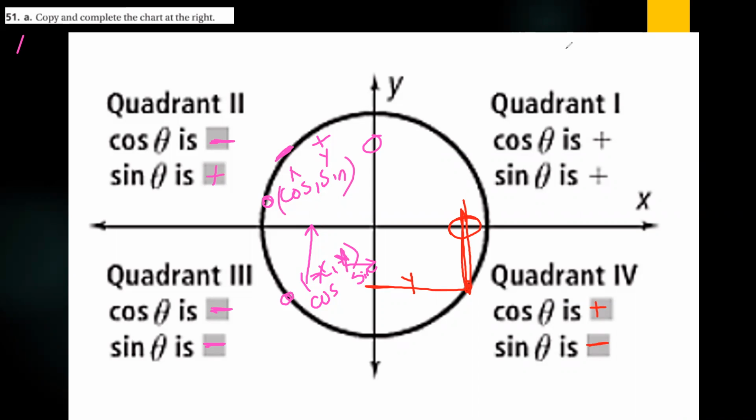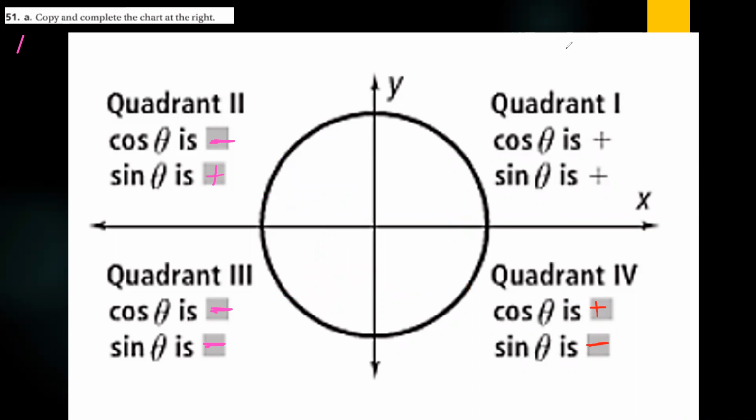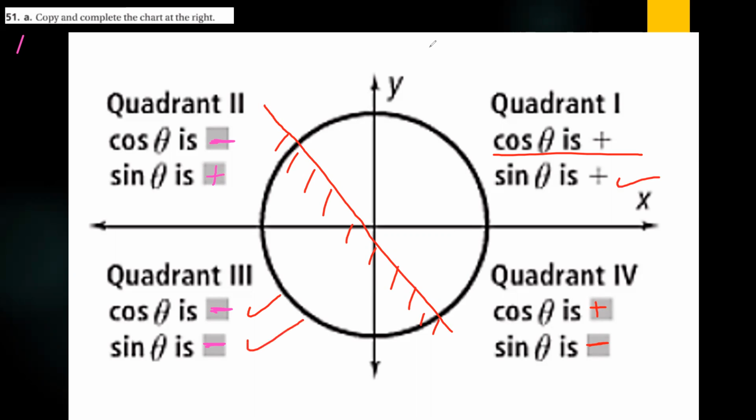So here, just like we have a mirror, cosine is positive, cosine is negative. Sine is positive, sine is negative. This is for quadrant 1 and 3.